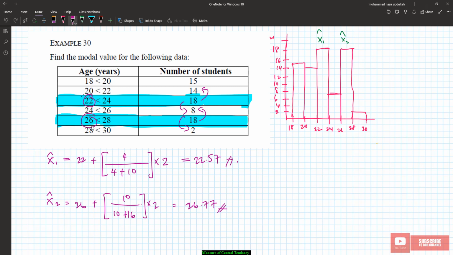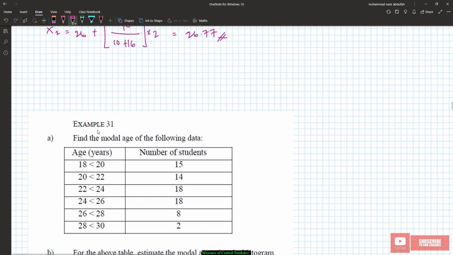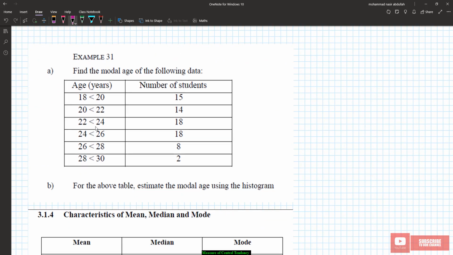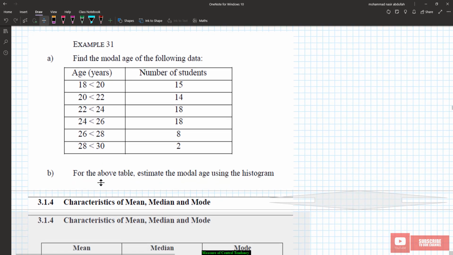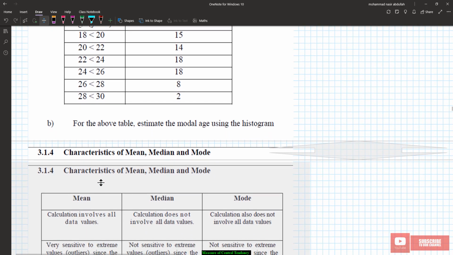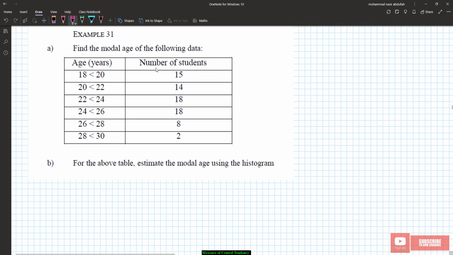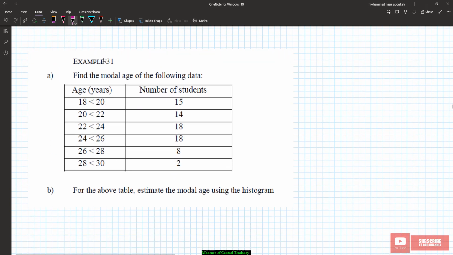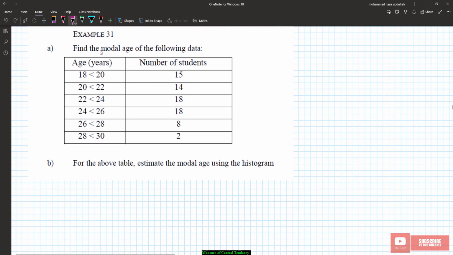So let's look at another example. Are you finished with this one? Let's look at another example. This is the same example but a bit different. Let's say we draw a histogram to know how many modes we have.